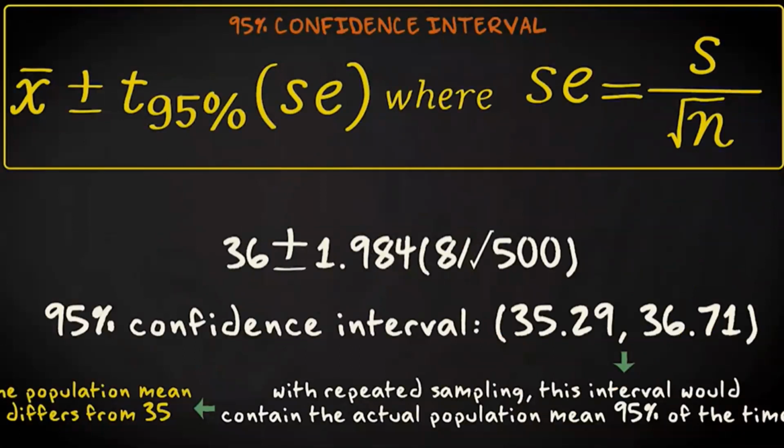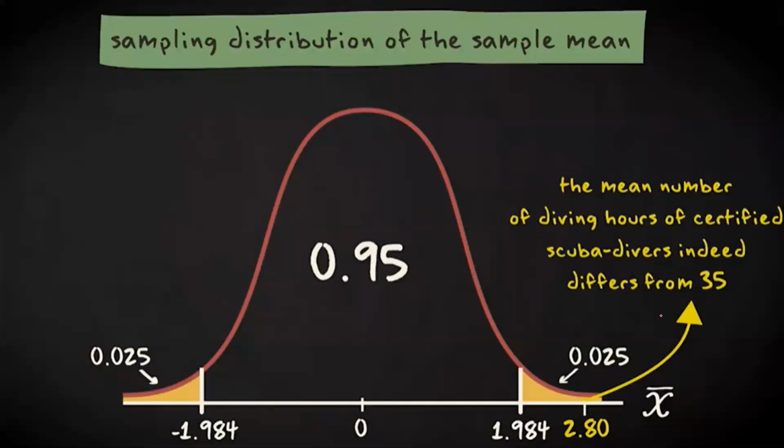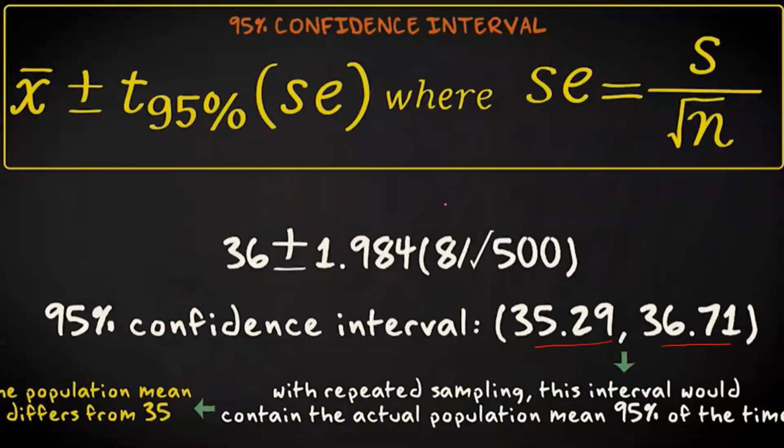So this is the hypothesis testing that we do on the basis of the confidence interval. Here is the formula to generate the 95% confidence interval. So we can say at the 95% confidence level, your value lies between 35.29 and 36.71, right? What was my null hypothesis? The null hypothesis was mu equals 35, and the alternative was mu not equal to 35.